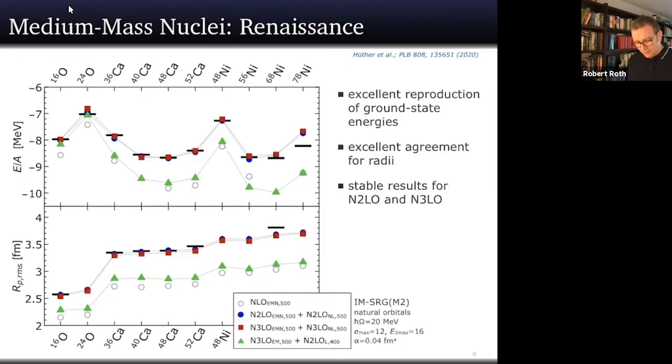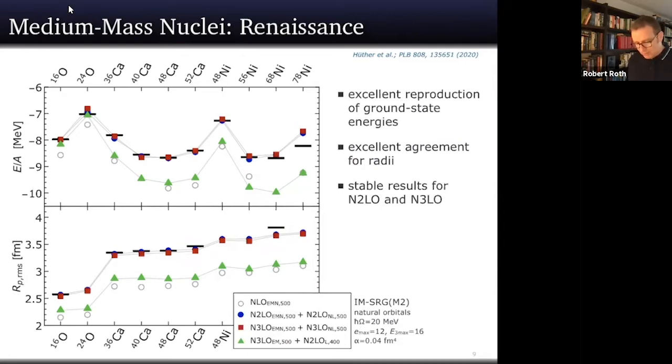And you see things have changed quite a bit. Suddenly, all these points are exactly on experiment for the binding energy, and suddenly the radii work. So you are spot on for the radii, even in the calcium isotopes, for example. So this is a big difference to the original picture with our interactions. We can obviously, by treating the underlying chiral EFT better, improve on the description of our medium mass systems quite a bit.